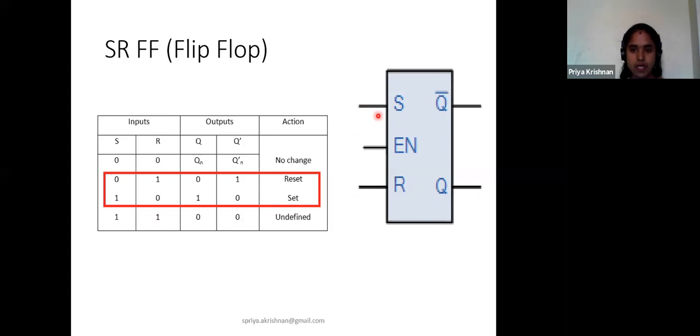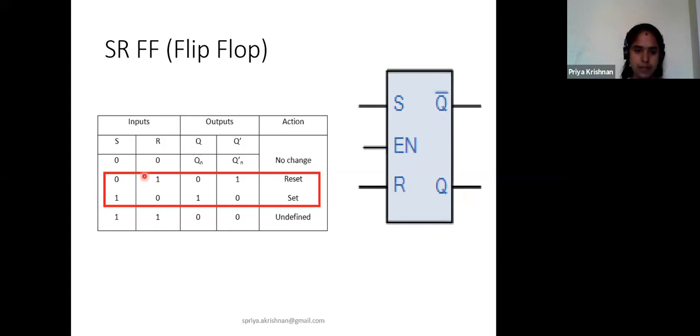So when S is equal to 1, the flip-flop is set and Q will be equal to 1. When I give 1 to R, the flip-flop is reset so Q will be equal to 0. Here I have Q and here I have Q bar. If Q is 1, obviously Q bar will be 0. If Q is 0, obviously Q bar will be 1.